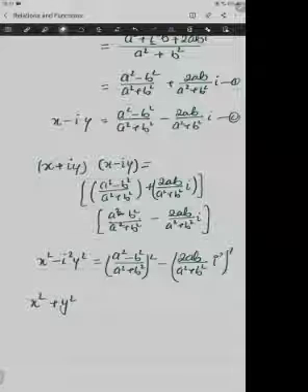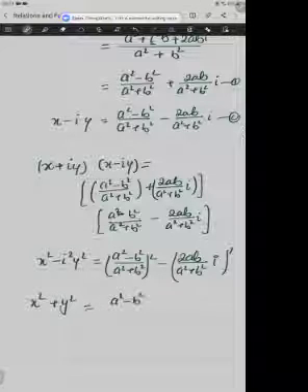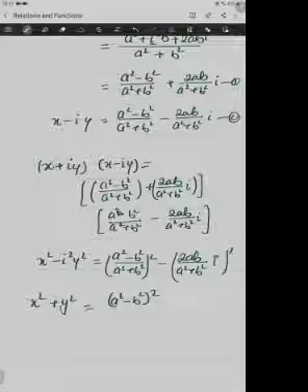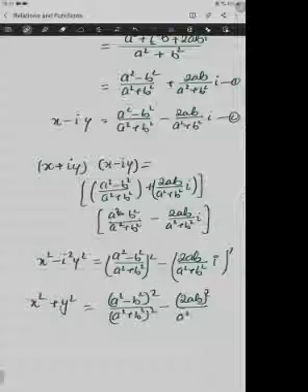This i square I have written, it was i. So it will be a square minus b square to whole square upon a square plus b square to whole square, minus 2ab to whole square upon a square plus b square to whole square, i square is minus 1.